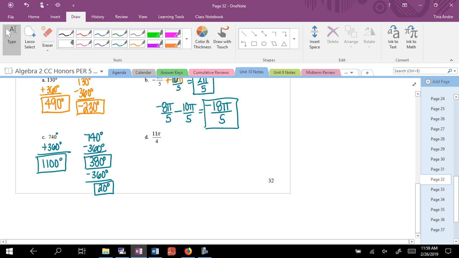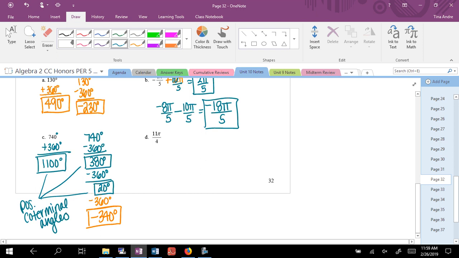So now when I subtract 360, I'm going to get negative 340. So here's my negative coterminal angle. These are all going to be possible answers. You don't really need all of them. You just need to have one because the directions only said one. So these are all positive coterminal angles. So I just gave multiple ones for that one in order to be able to find the negative.